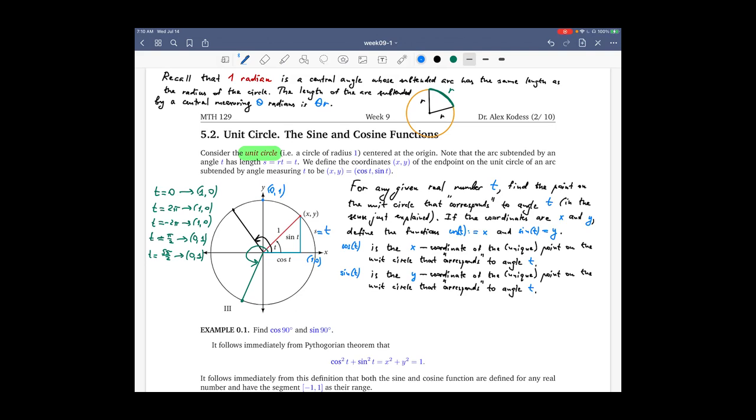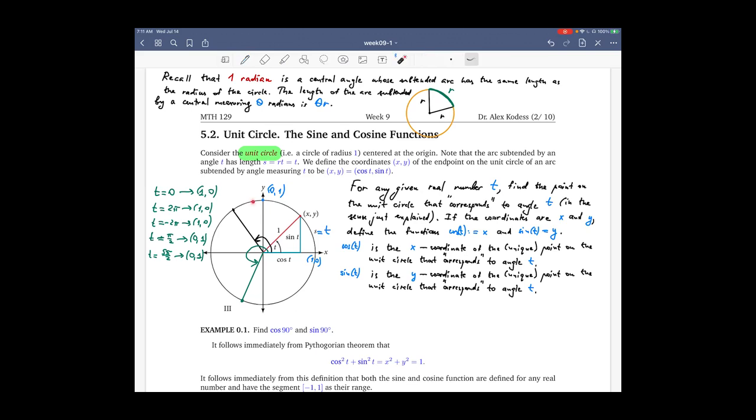Immediately from this definition of the cosine and sine functions, we can say two things: that cosine and sine are defined for every real number, and that the range of these two functions is from -1 to 1, including the endpoints.